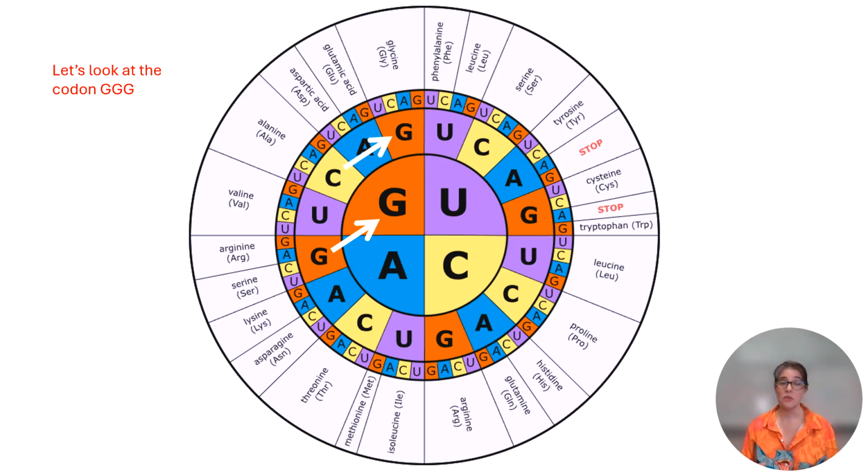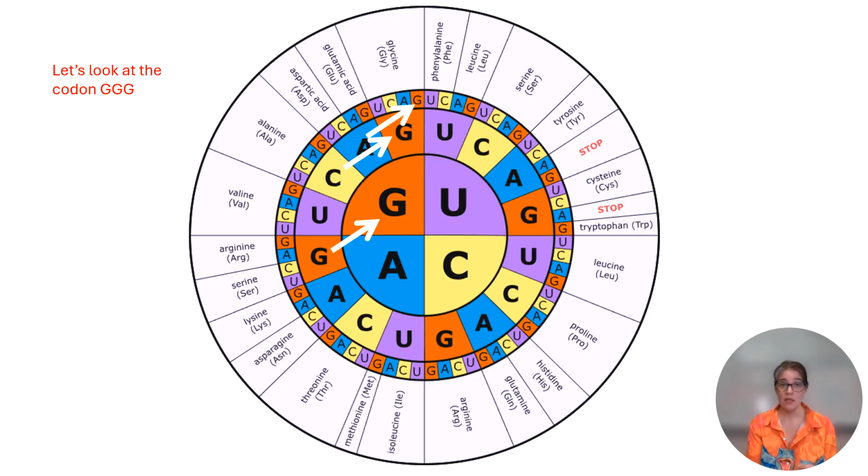Next, you're going to find the second letter of the codon, and that's also G. So you move around the circle. So you start in the middle and you work your way out. Then we find our third G, and again, we work out. And it tells us what we're looking for. And here we see that it's glycine.